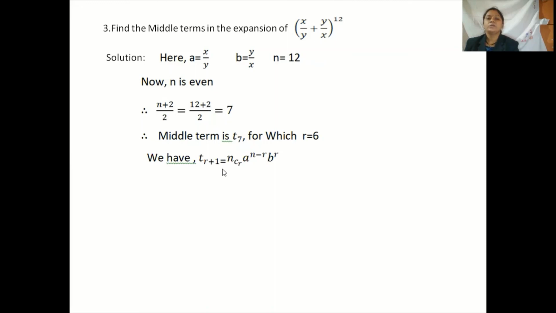We have T(r+1) is equal to nCr a raised to n minus r b raised to r.